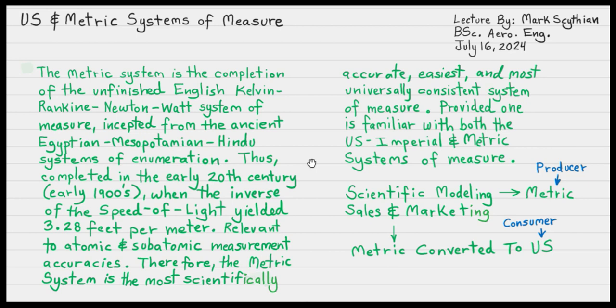So scientific modeling, this is the metric system, or production, research and development. The sales and marketing side is the metric system converted to US units of measure on the consumption or consumer side.